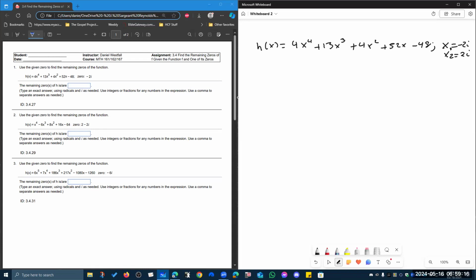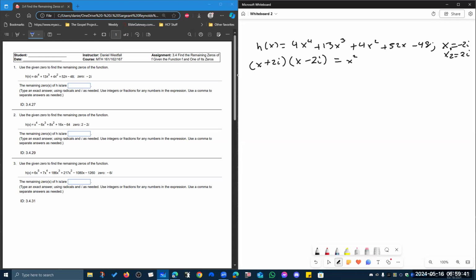Let's go ahead and write those two zeros as factors, x plus 2i and x minus 2i, and multiply them together to see what I can divide by with long division to get the remaining factor. So x times x is x squared.